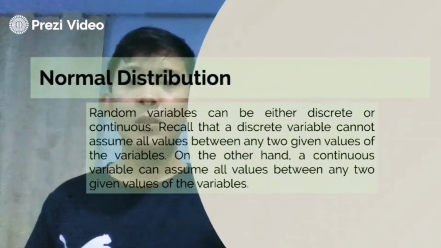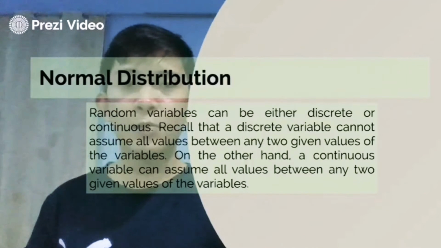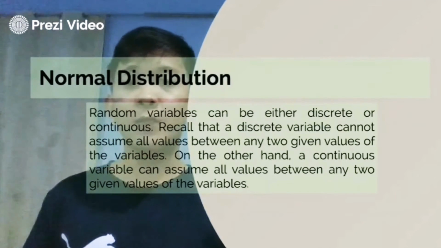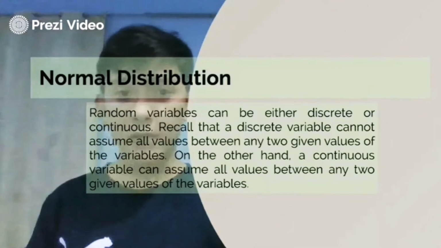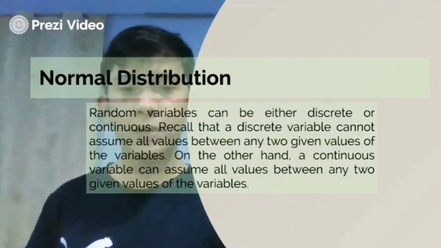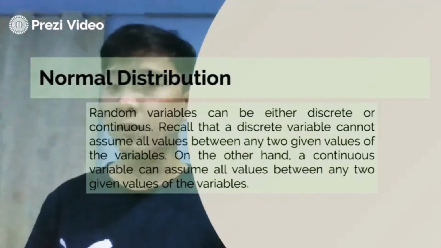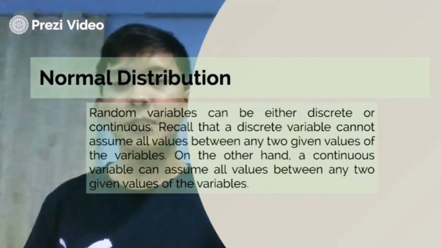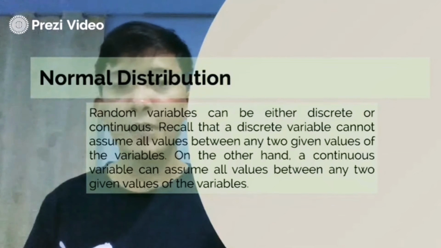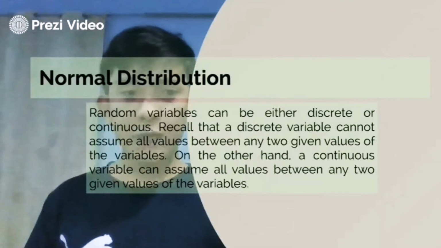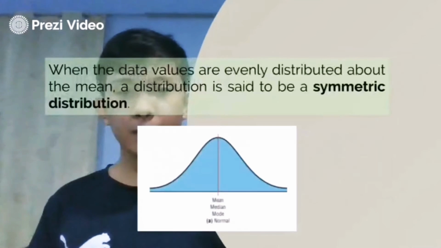An example is the number of students present, the number of red marbles in a jar, and the number of heads when flipping 3 coins. On the other hand, a continuous variable can assume all values between any two given values of the variable. A continuous variable could be defined as a variable which can take an uncountable, infinite set of values.